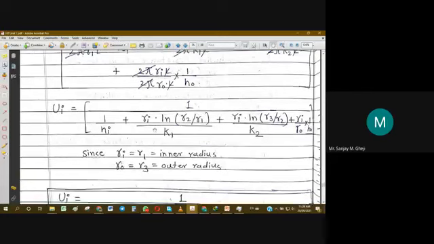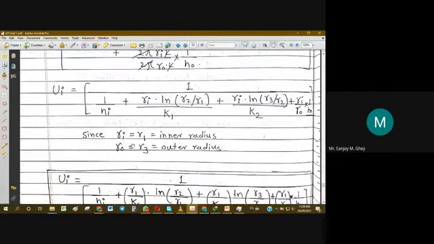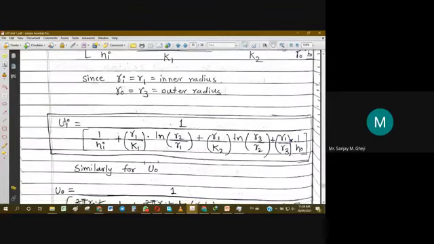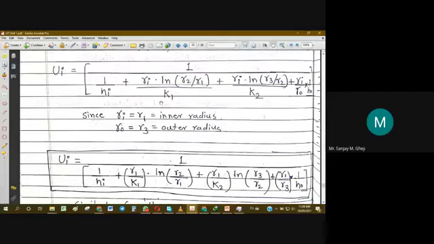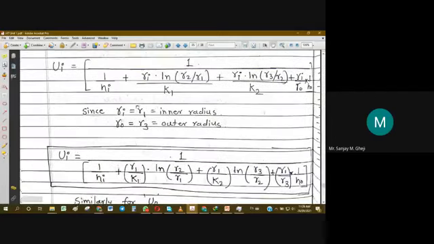And for simplicity, Ri and Ro may be replaced by R1 and R3. So you get UI in this form: 1 upon Hi plus R1 by K1 into ln of R2 by R1, and so on. So this is just a general procedure to obtain UI. As the case changes, this will change.